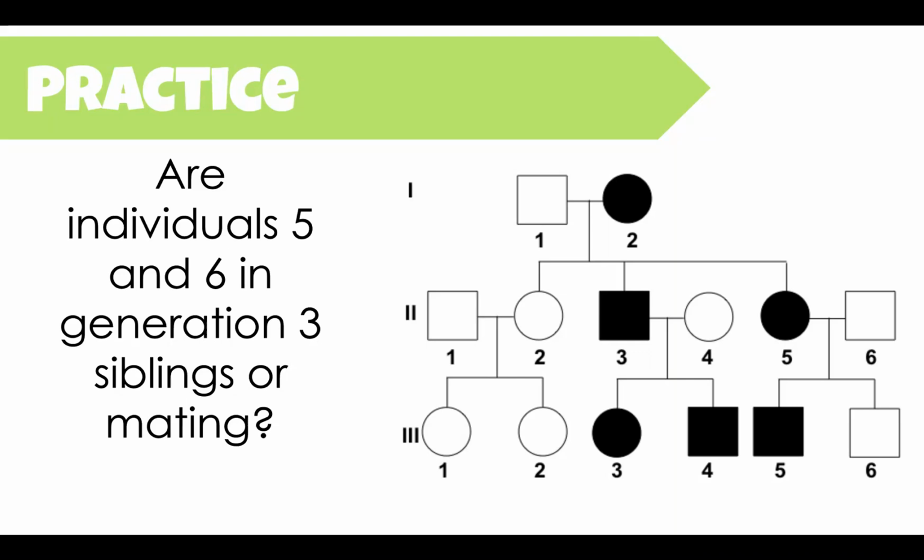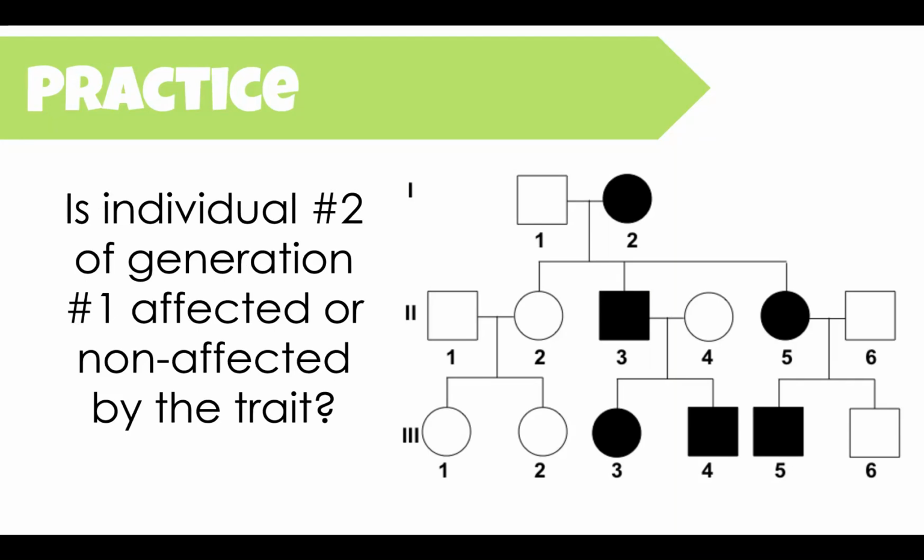Whereas if they're siblings, they should have lines coming out from parents of the previous generation. So what we see here is that there's not a line connecting 5 and 6 together, but instead there are lines coming out of the top of each of them going up to a mating line in the next generation. So that tells me that individual 5 and 6 in generation number 3 are siblings.